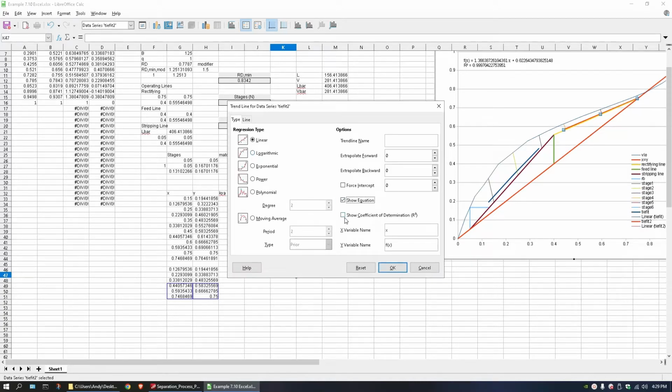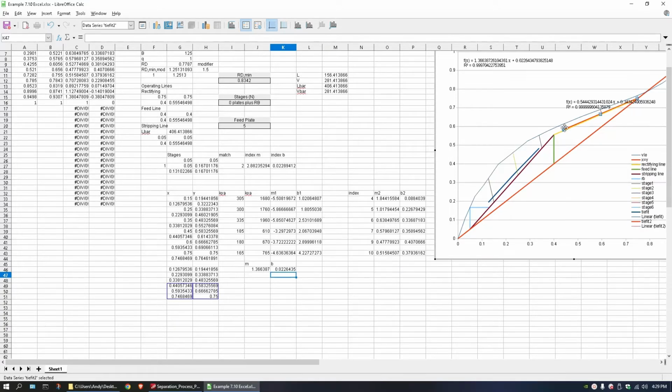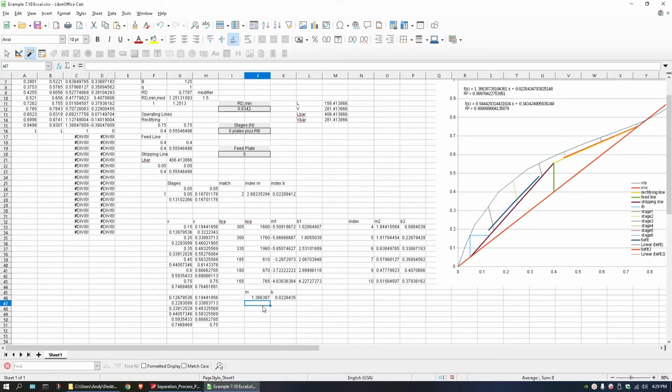It's going to be linear. We really just want the equation and the fit. So these are pretty linear. And this is going to be 0.544429, and this is going to be 0.34344249.